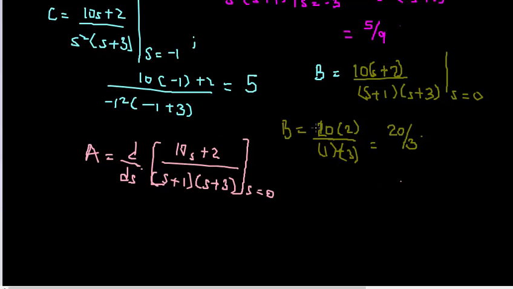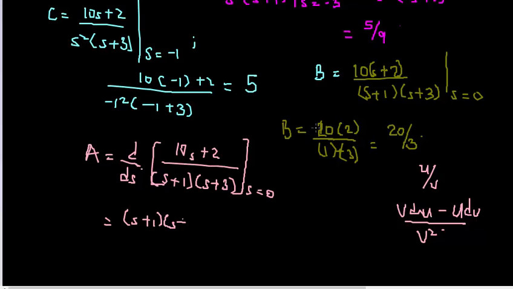From your understanding of differentiation, if you have u over v, it becomes v du minus u dv over v squared. So that's the exact same thing I'm going to do here. My v here is s plus 1 into bracket s plus 3.